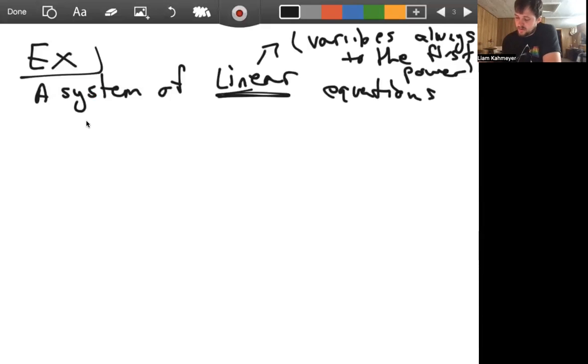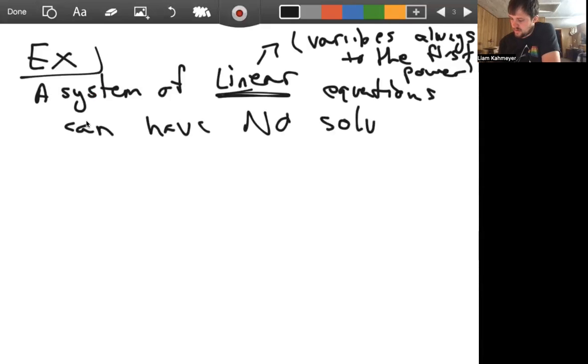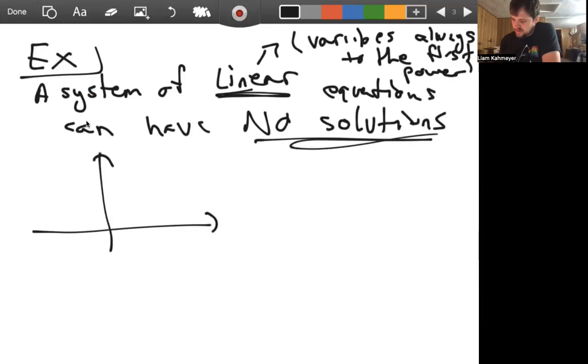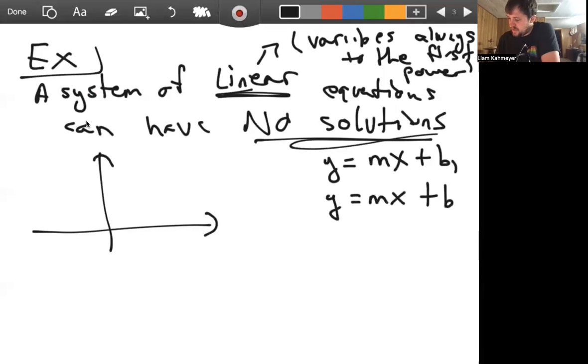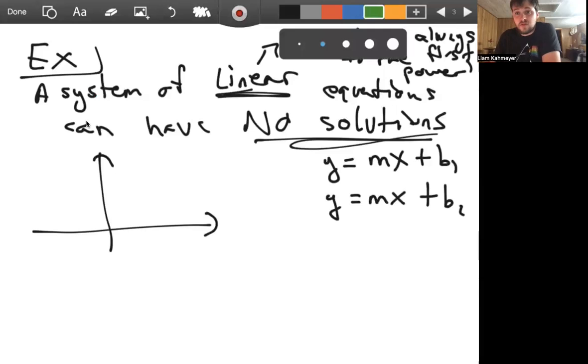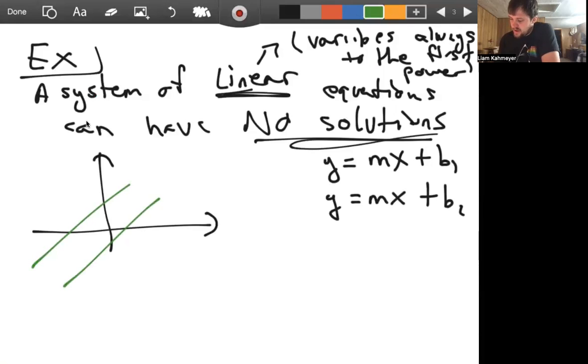So a system of linear equations can have no solutions. For linear equations, the quintessential example would be if, let's say, the first function is mx plus b1, and the second equation is mx plus b2, i.e. these have the same slope, but different y-intercepts. These are known as parallel lines.